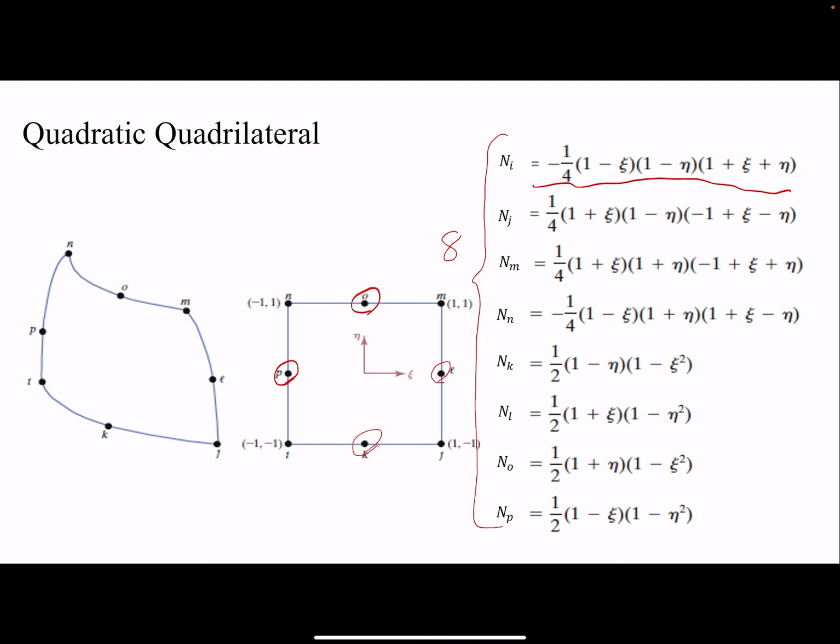So the question is, is it better to use one quadrilateral element, or let's say we use 4 linear quadrilateral elements?